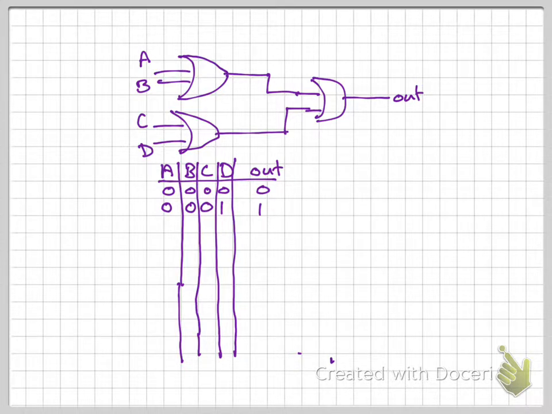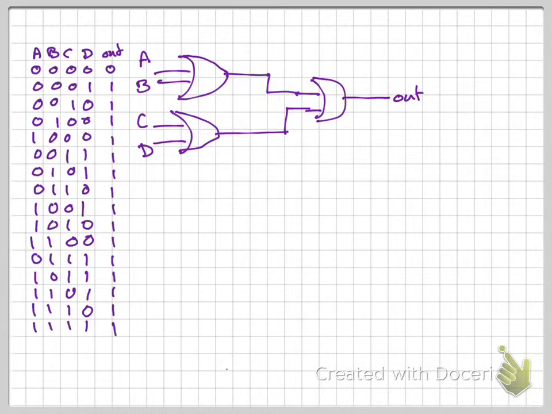So let's think about what this truth table should look like. We know that if anybody wants to cancel class, all the outputs should be 1, no matter what combination, as long as there's a 1 somewhere. Let's think about all the possible combinations, and see if the gate that I've drawn above actually has this truth table.